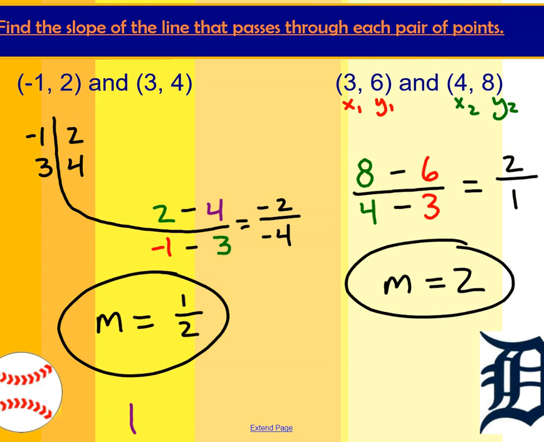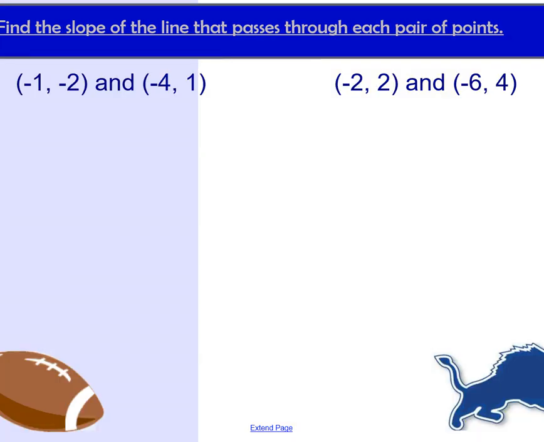So once again, for our next problem, I'm going to go ahead and stack them up. So I have negative 1, negative 2, negative 4, and 1. I have stacked my 2 points up. Now I need to draw my slide.